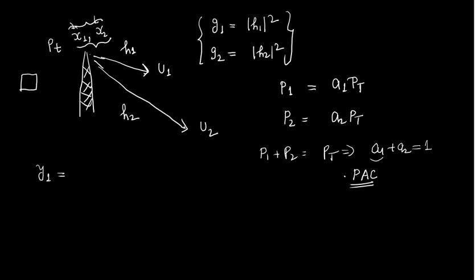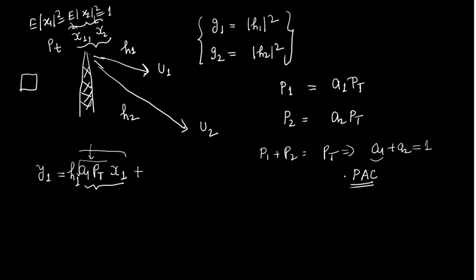Since we are using A1 PT power to transmit X1, and H1 is the channel, we have H1 times root of A1 PT times X1. Why are we using the root? Because the power of this whole term should be A1 PT, and we are assuming that X1 and X2 have unit power, and all the power is actually lumped in the parameter A1 PT.